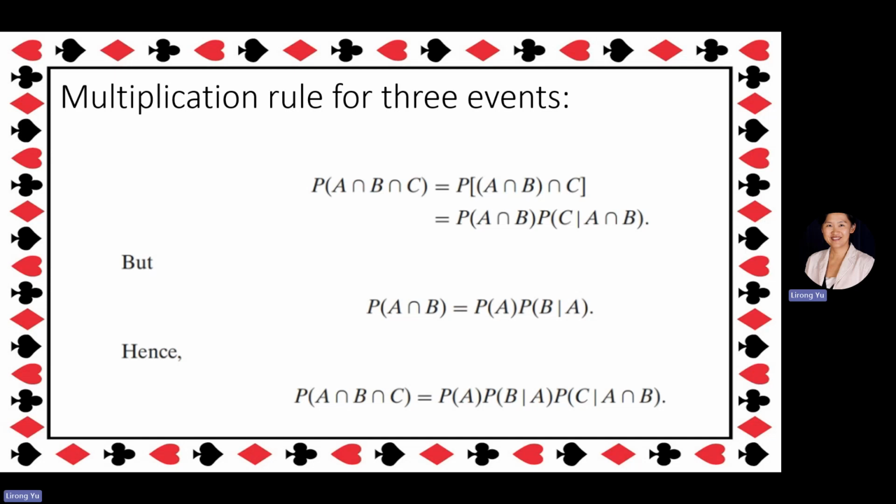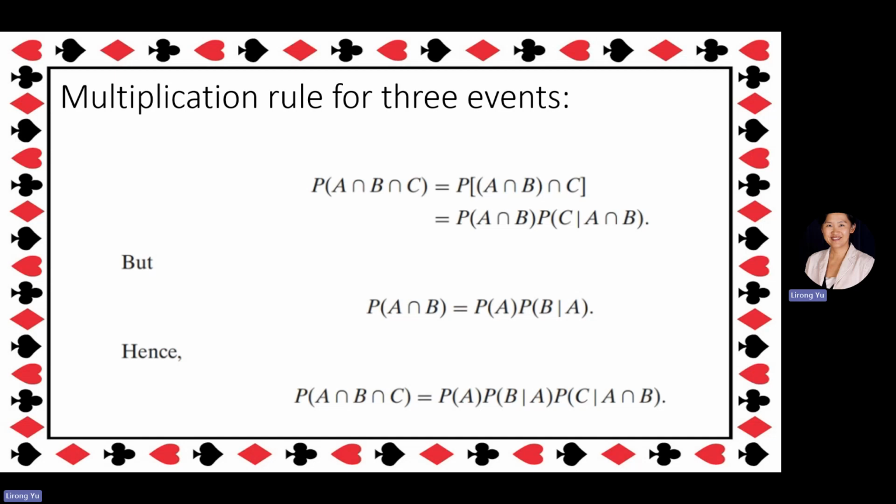All right, let's move on and make a general idea. What about the multiplication rule for 3 events? That is probably A and B and C, so you want all 3 to happen at the same time. You can again use the multiplication rule repeatedly. You can combine A and B as one, so you would say probability of A and B, and probability of C given A and B, so that we separate them.